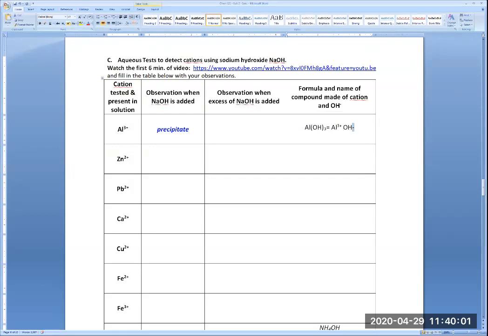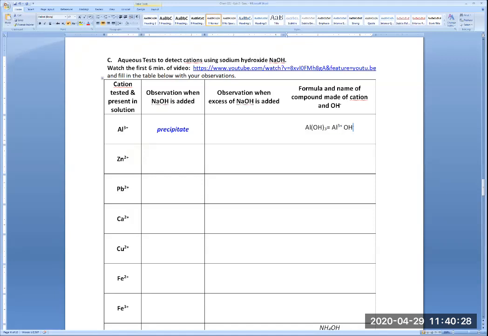Minus here is a superscript. When you do the crisscross trick, the 3 from the Al3 plus becomes a subscript for OH. But because OH is a polyatomic ion, you need parentheses around OH. Then the 1 from the negative charge of the hydroxide ion becomes a subscript for Al. But when you have a subscript of 1, it's implied. We don't write it.